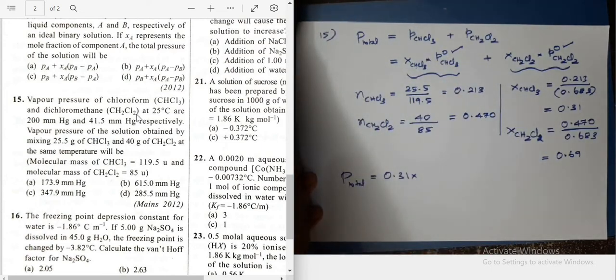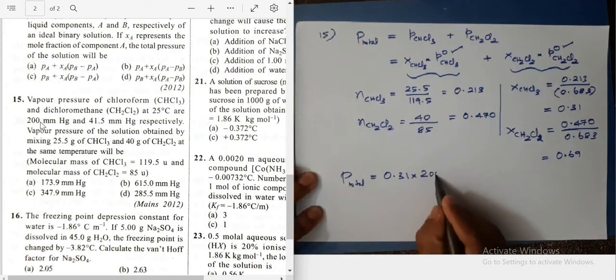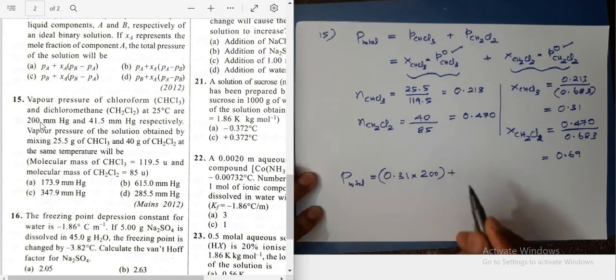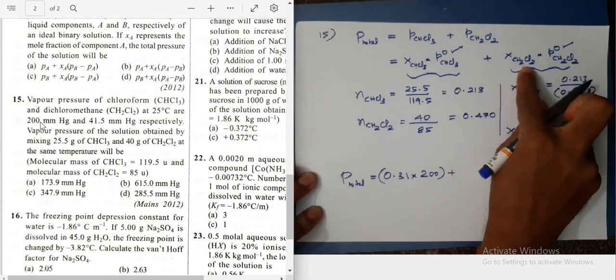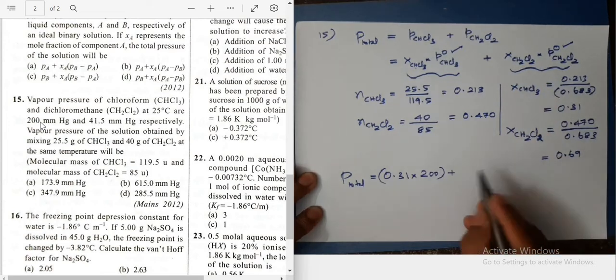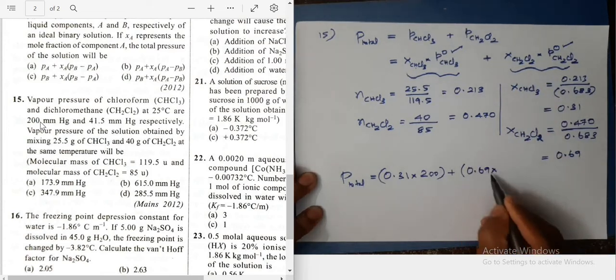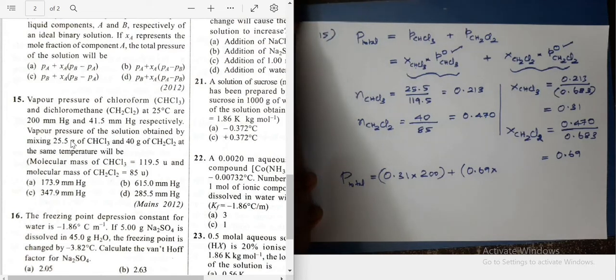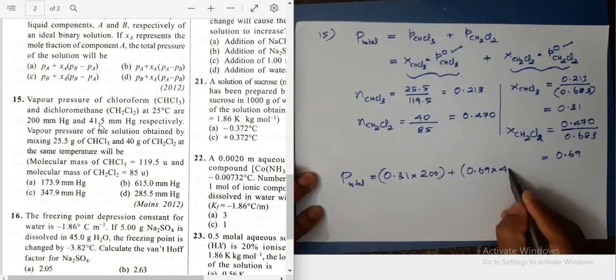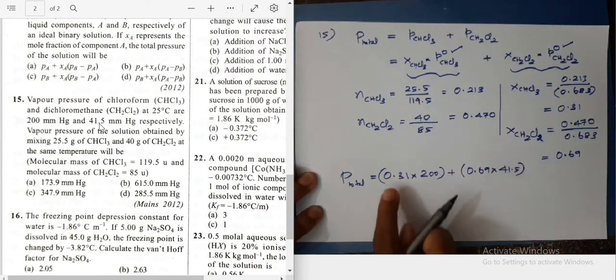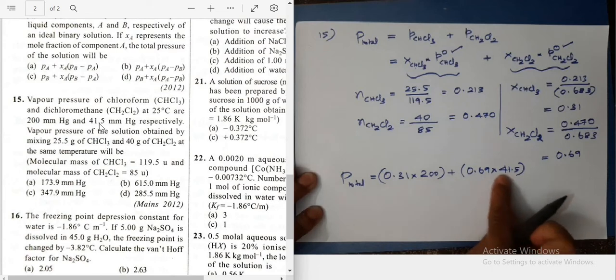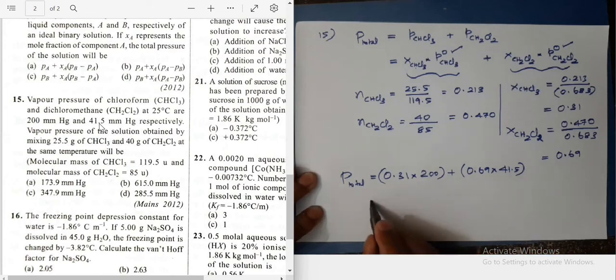Just see the third line of the question: it is given as 200 mm of mercury for chloroform. So 0.31 into 200, plus the mole fraction of dichloromethane, 0.69, times the vapor pressure of dichloromethane, which is 41.5. If you multiply these and add them, you'll get the answer.